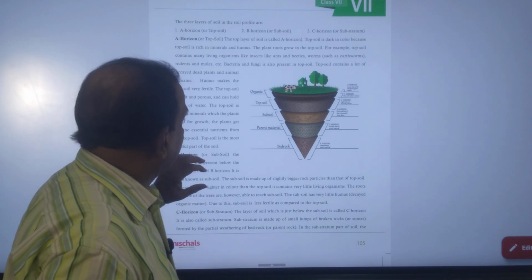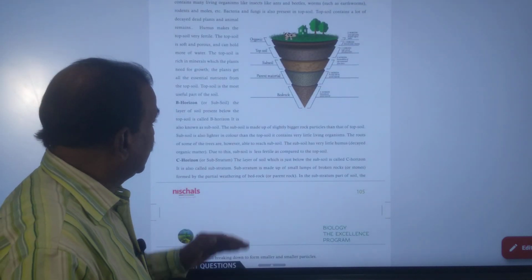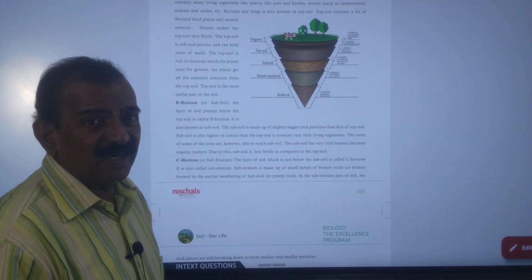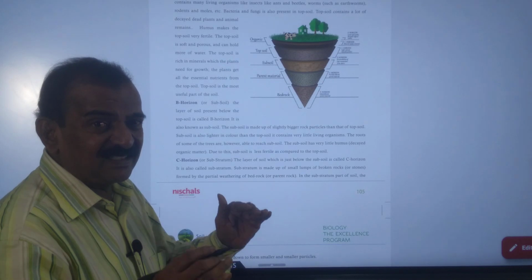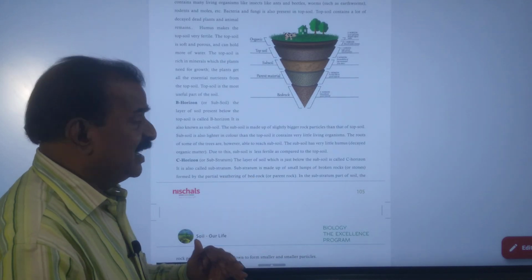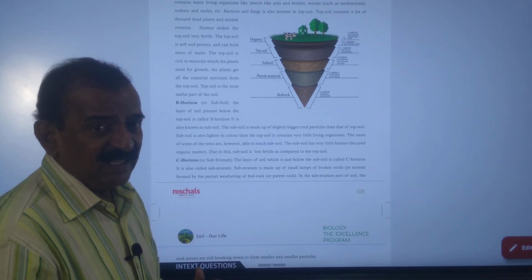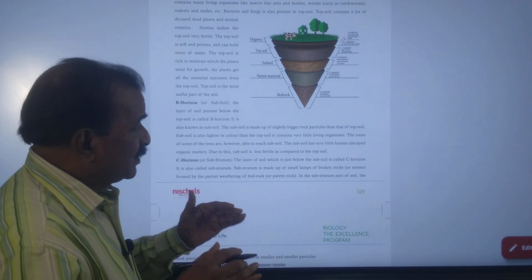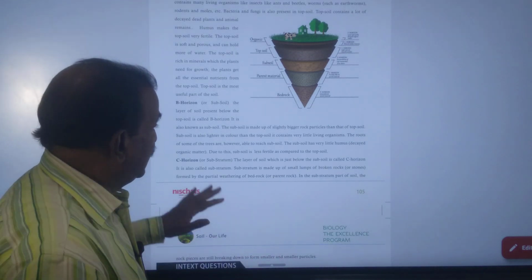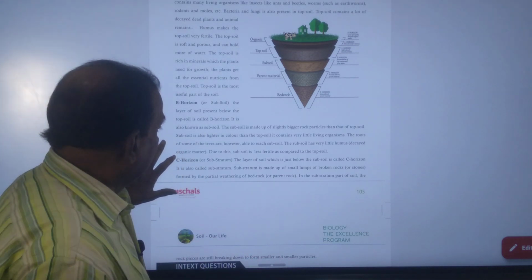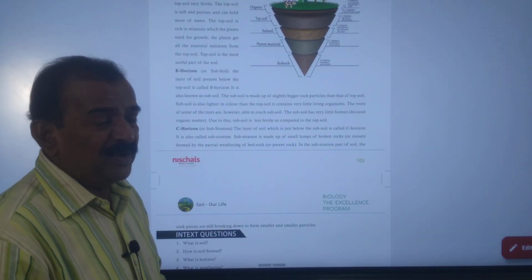The second horizon is the B horizon, also called subsoil, and it is present just below the A horizon. It has bigger rocks and sand particles. Some living organisms live here, but not many. Next, the C horizon is present just below the B horizon.